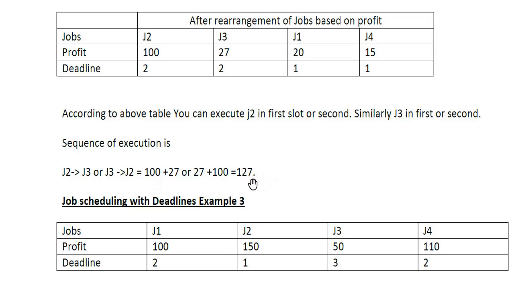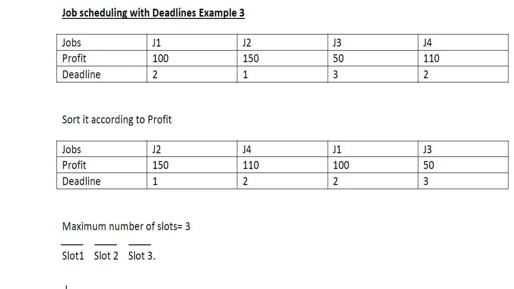Both give us the same profit of 127. We cannot take job 1 and job 4 because they earn us lesser profit compared to executing job 2 and job 3. So we'll go with the next example.